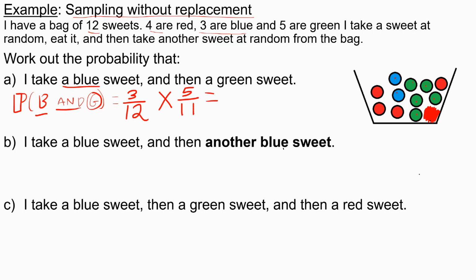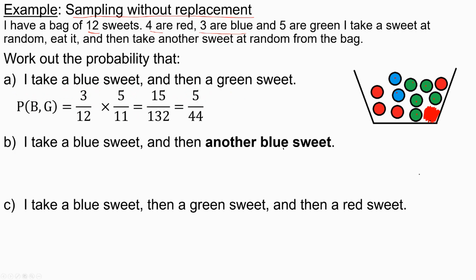So I would say that my probability is 3 times 5, which is 15, over 12 times 11, which is 132. So my answer would be 15 out of 132. So I'll just write it up a little bit more neatly. You could simplify it to 5 over 44, but we don't generally simplify probabilities.